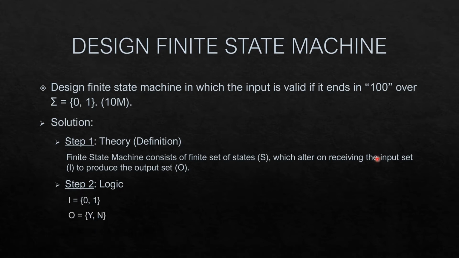O will be Y and N again, as we are just simply validating the input string whether it ends in 100 or not. So the machine will give us the output as either yes or no, that is Y or N. And our S will be equal to Qs, Q0 representing 0, Q1 representing 1, Q2 representing 1 0 and Q3 representing 1 0 0.